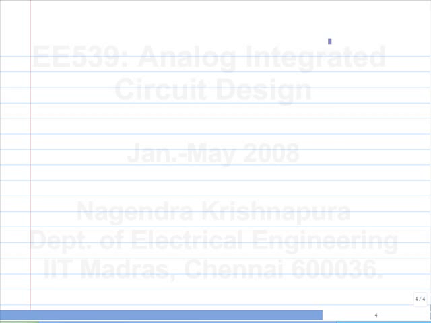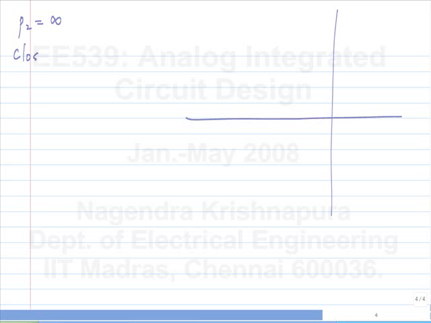So what I want to do is to plot the poles of the closed loop response as I change the value of P2. I start off with P2 equals infinity, then the closed loop poles are at, one is at infinity and the other one is at minus omega u by k. Then I look at the critically damped condition.